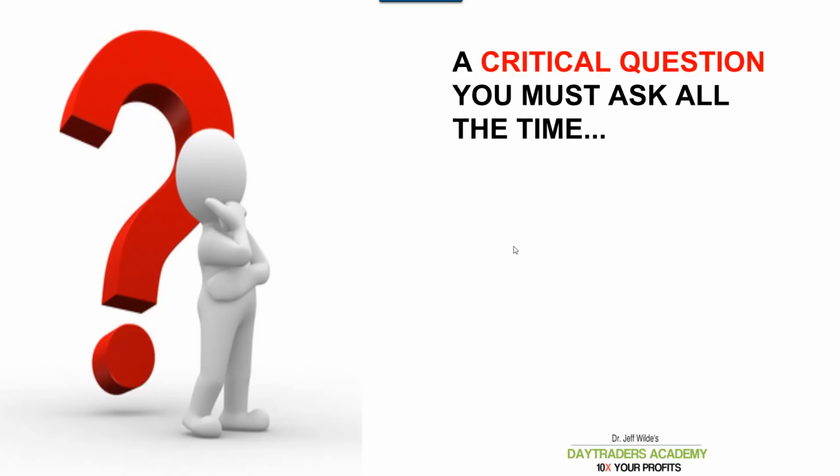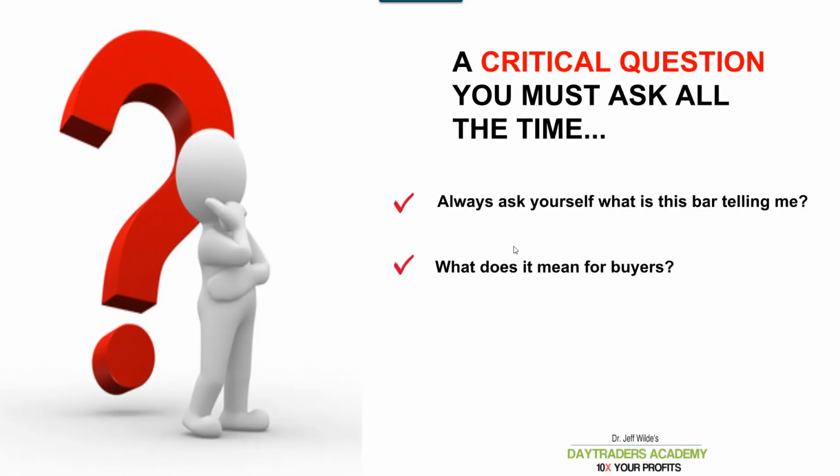This is a critical question you have to ask every time you're looking at a candlestick. When you see a doji, you have to ask yourself, what is this bar telling me? What does it mean for the buyers, and what does it mean for the sellers?